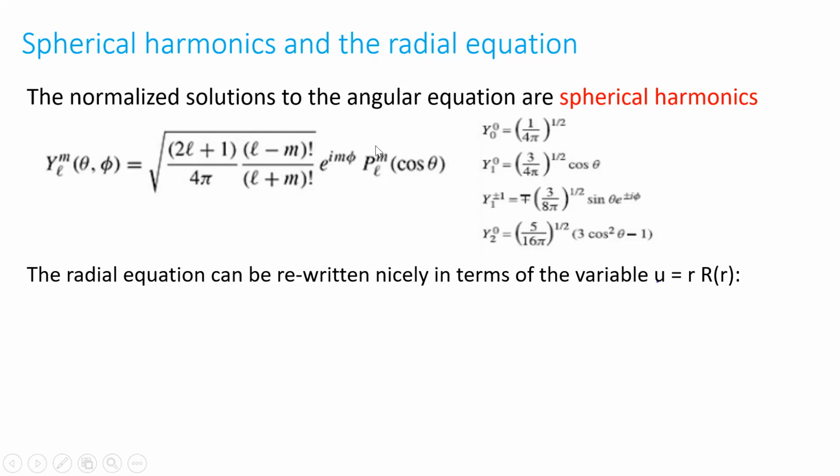And then we're kind of done with the angular equation when we have the spherical harmonics. The radial equation, we haven't solved yet. We've just separated it. But we note that it can be rewritten more nicely in terms of the function u, which is r times the function capital R of r. So u is a function of r.